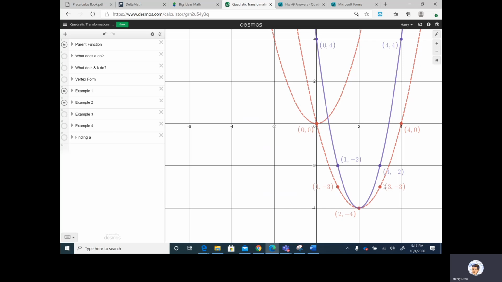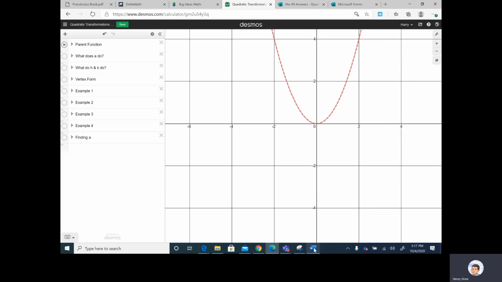Why? Because there's been a vertical stretch by a factor of 2. You can see if we went over 2 units and came to 4 for the first example, now we're going to come over to 4 and be up at positive 4. Instead of rising 4, we're rising 8. Why? Because we've doubled our vertical stretch. Let's take a look at another example.